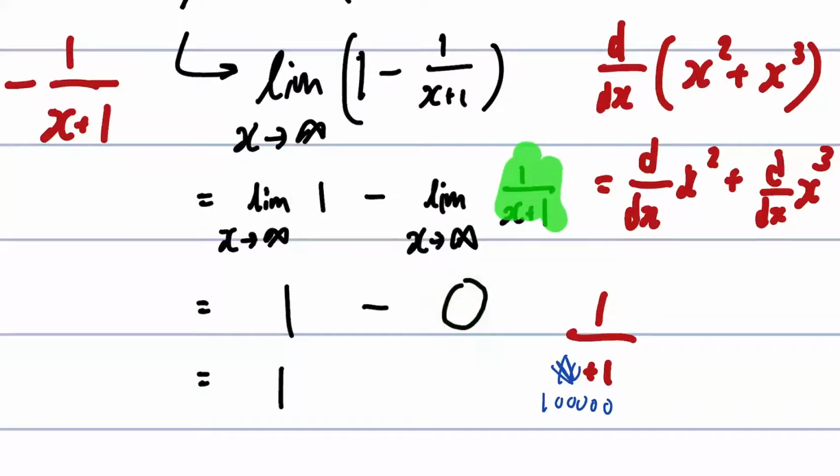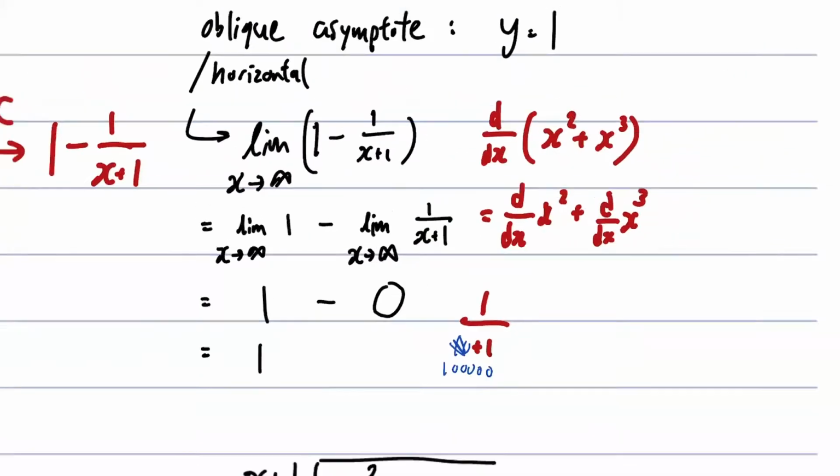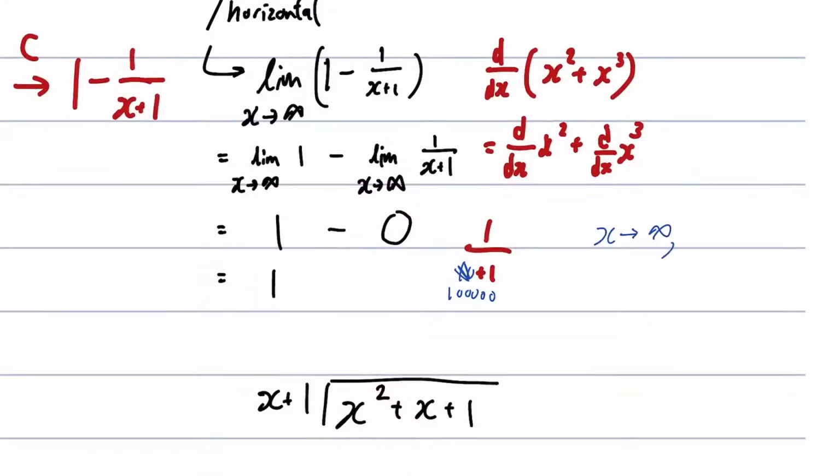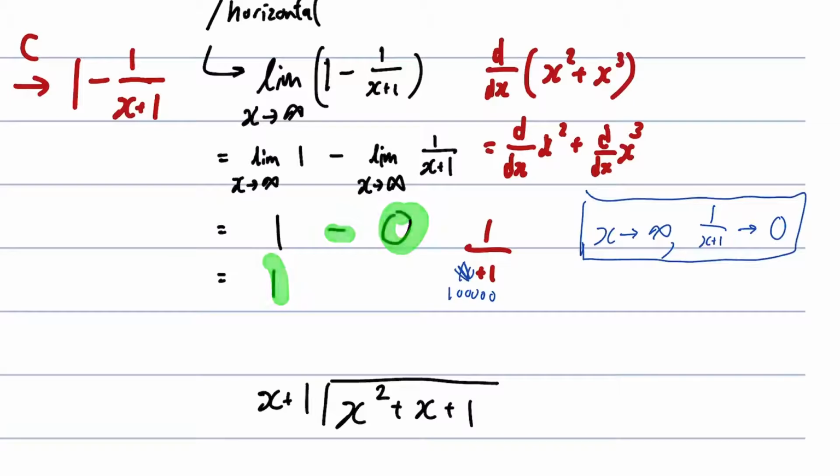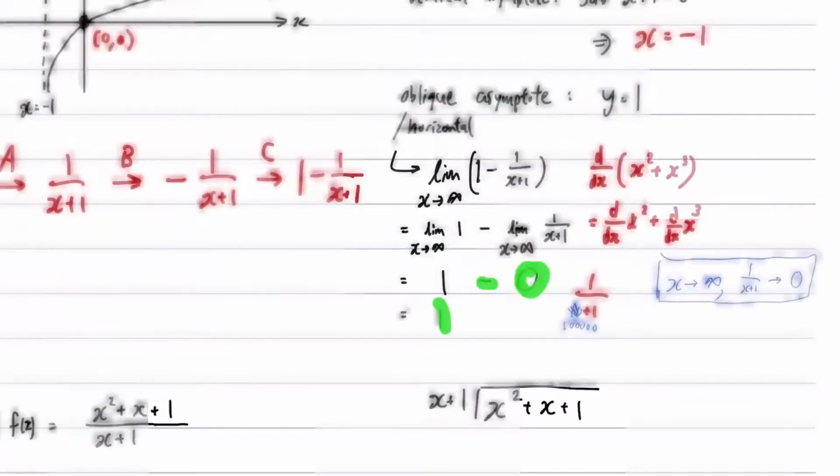Or 1 over x plus 1 approaches 0 as x goes to infinity. Another way that you could write this is x arrow infinity, comma, 1 over x plus 1 arrow 0. You should get familiar with this notation as well. Then this becomes 0, then 1 minus 0 is 1. So that's how you get the horizontal asymptote y equal to 1.